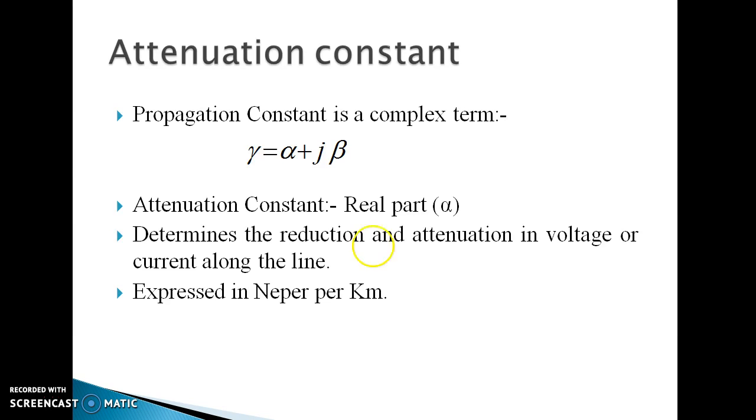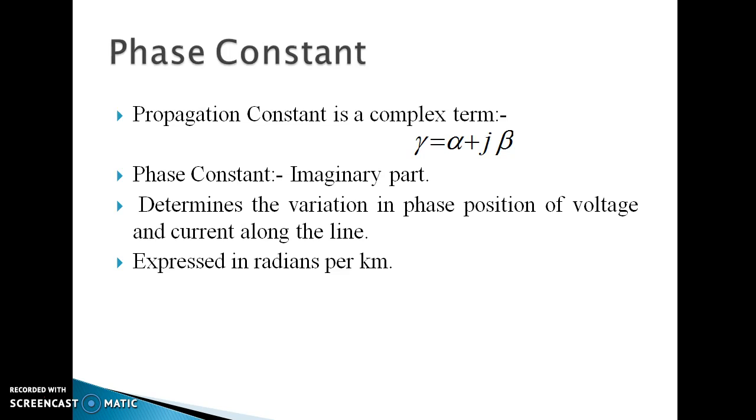The unit for this attenuation constant is Neper per kilometer. And the phase constant: beta is the phase constant and it is the imaginary part. It determines the variation in the phase position of voltage and current along the line and the unit is radians per kilometer.